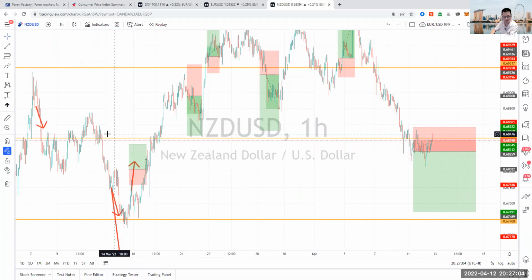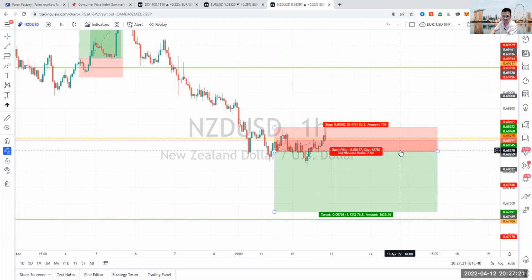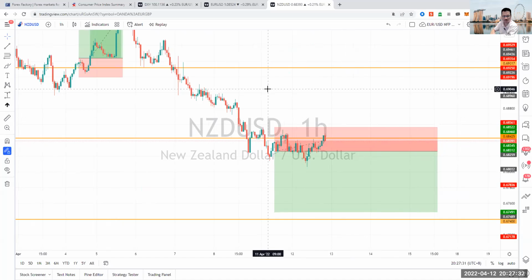You can see it's happened quite a couple of times. So I'm looking for that same scenario here for it to track down from this level towards 0.6737. I don't think it'll go all the way. And then after that, with a good news or good statement and rates decision, it could bounce back up again. So I'm looking for a similar move. Let it come down tonight. Even if it comes to 0.6785, get off the trade. Tomorrow morning, you could be looking to buy the Kiwi back up.